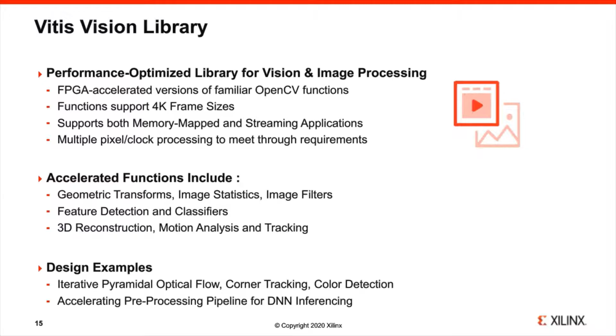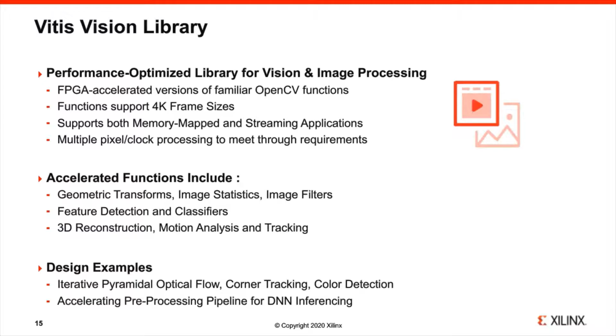The Vitis Vision library offers FPGA accelerated versions of the familiar and standard OpenCV libraries. They also offer the flexibility to meet the adaptable throughput requirements of your vision systems by processing multiple pixels per clock. Most functions support a maximum of 4K resolution and have been optimized for performance and resource utilization on Xilinx platforms.